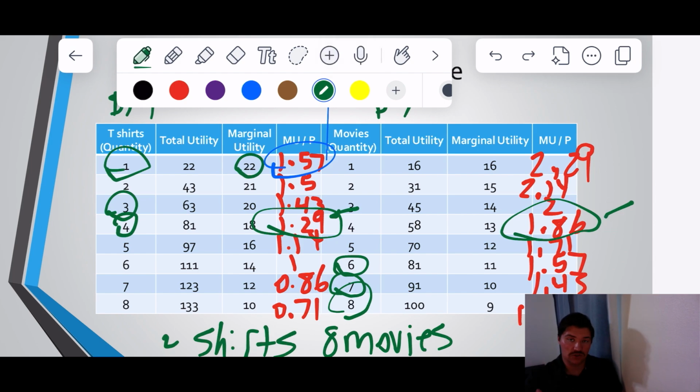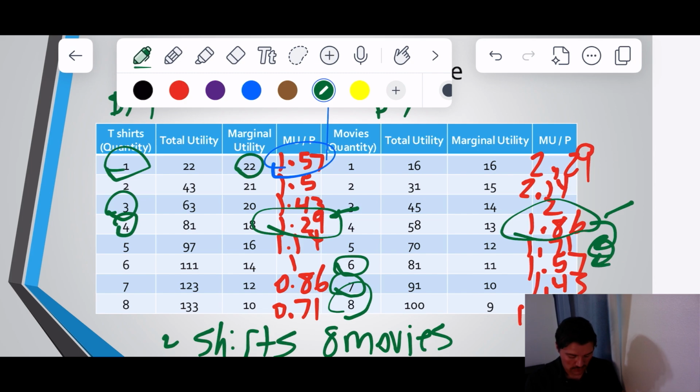If you were to suggest to this person what should they do, which side is making them happier? It's 1.29 and 1.86. So you said that the movie side is giving them more bang per buck, more marginal utility per dollar. So you would consume more movies. The movie side is making you happier, so consume more movies.